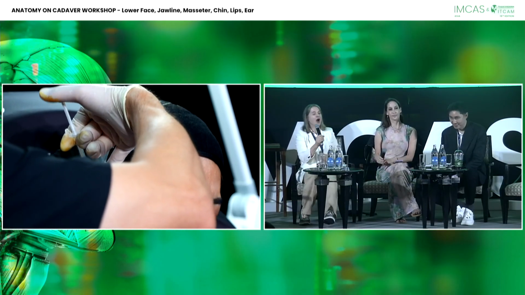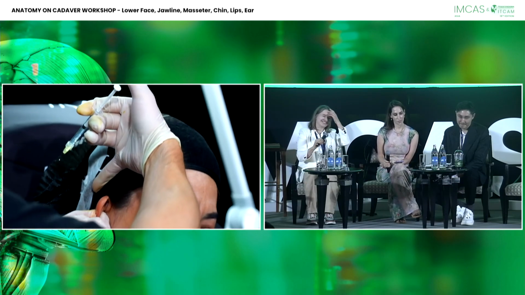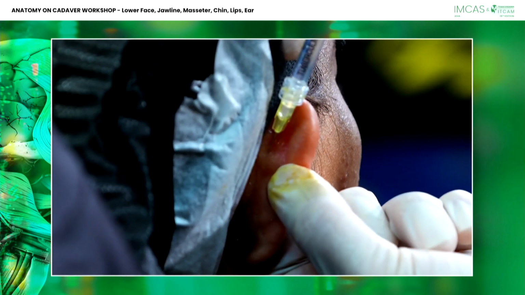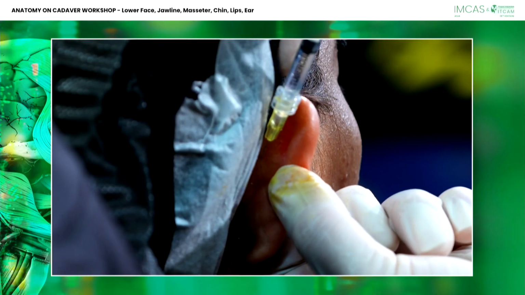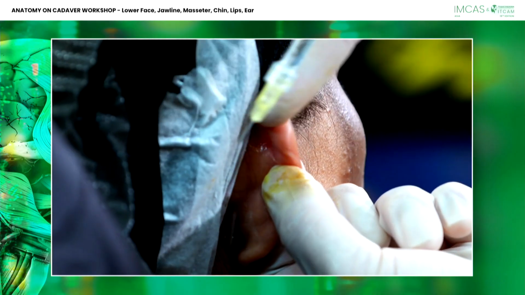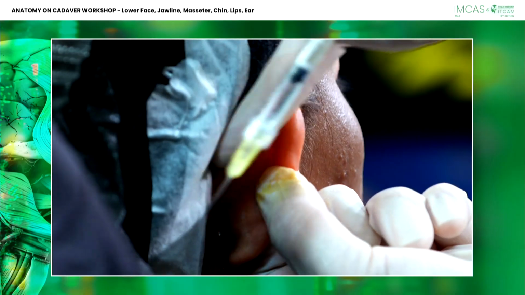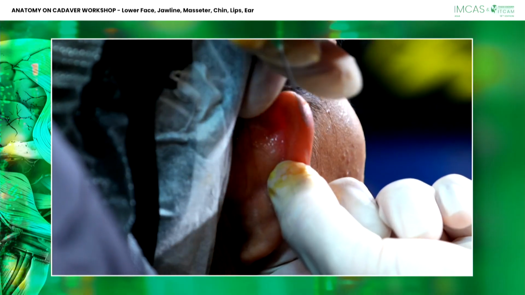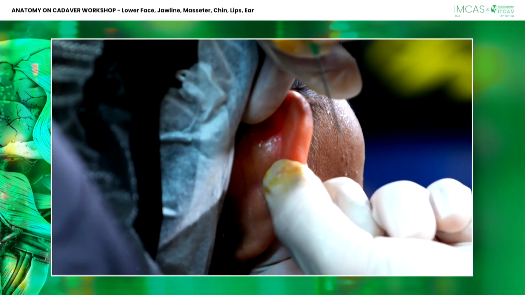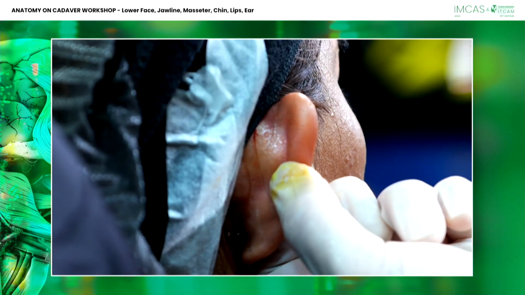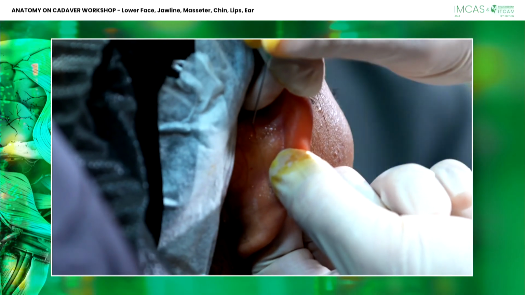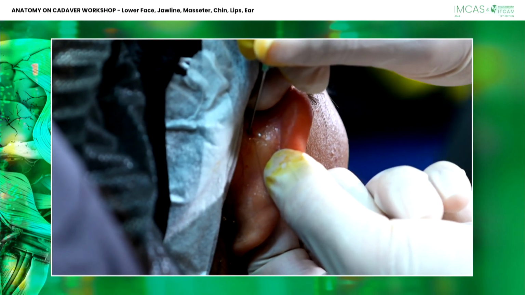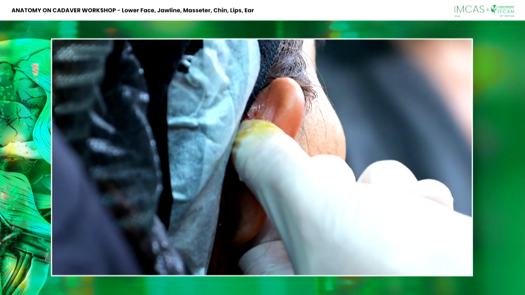So if the audience wants to practice ultrasound, the only solution is to register for the ultrasound pre-congress of IMCAS, or actually right now it is also being done on your 6th floor. So lots of opportunity. I hope that a lot of doctors use ultrasound.